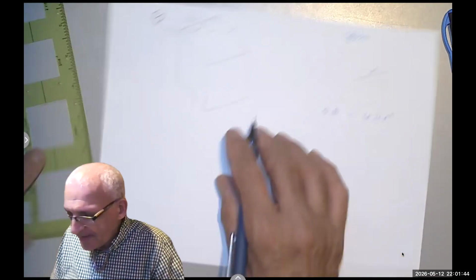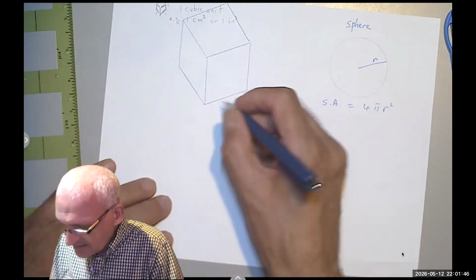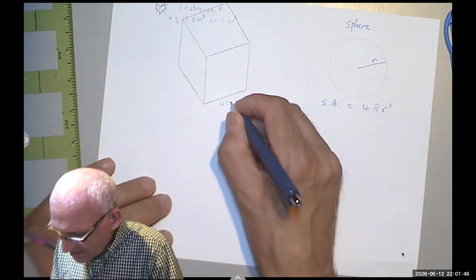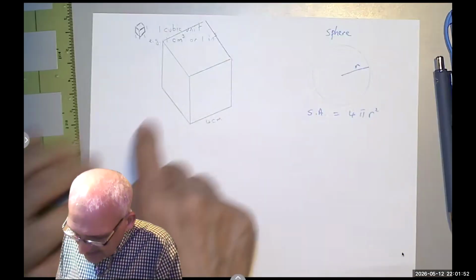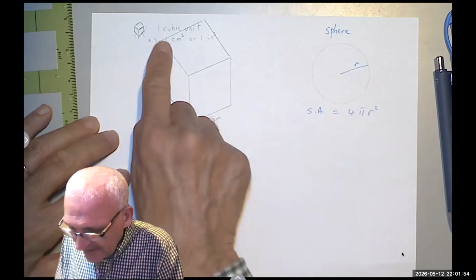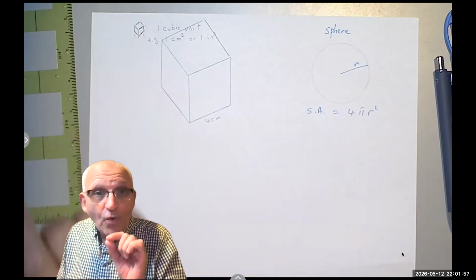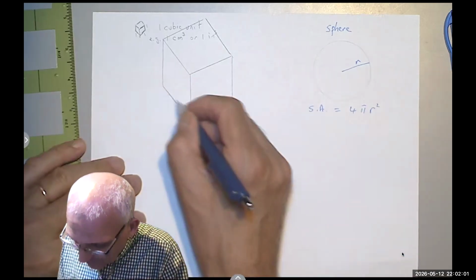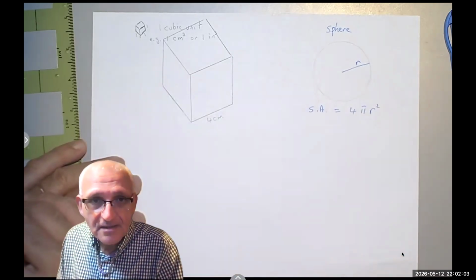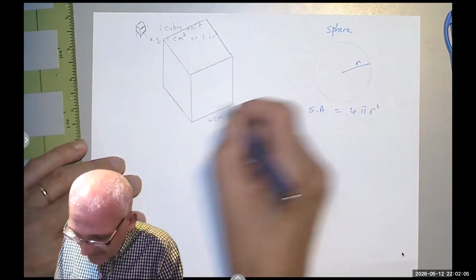Okay, so we have a cube, and let's say each side is 4 centimeters. Since these are 4 centimeters, if I have a cube where each side is 1 centimeter, I can fit 4 of them here, and 4 of them there.